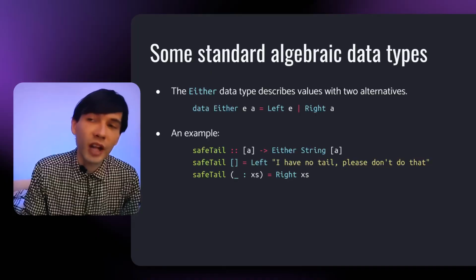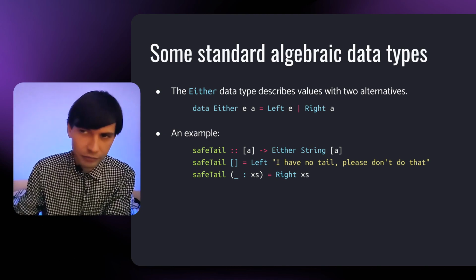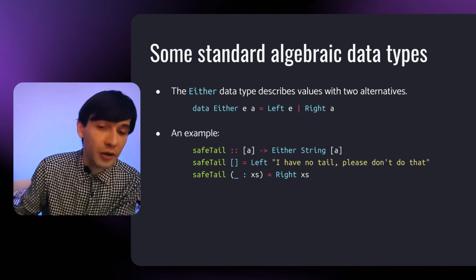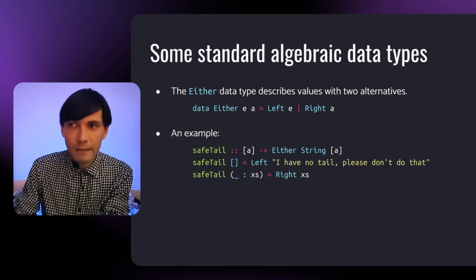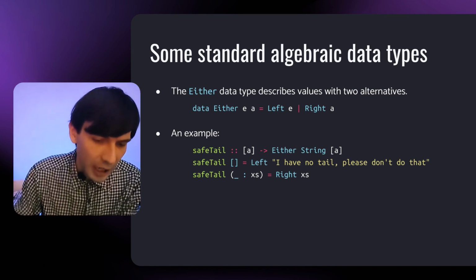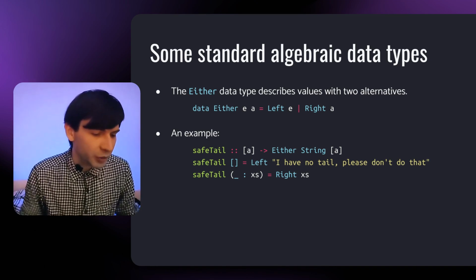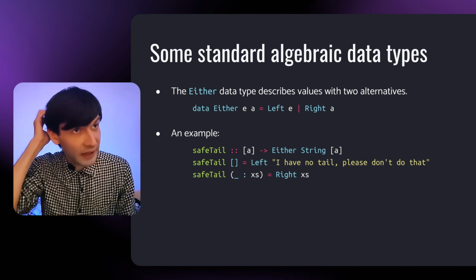Okay? The difference between maybe and either, at least according to our examples, is that if our computation is broken somehow, then we just return the flag nothing if we have some failure.